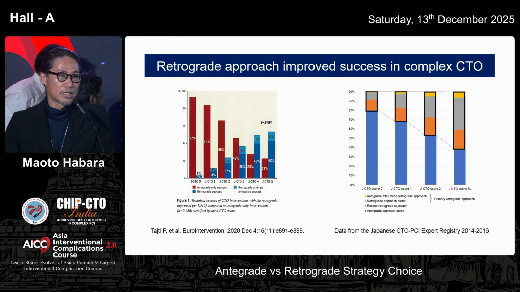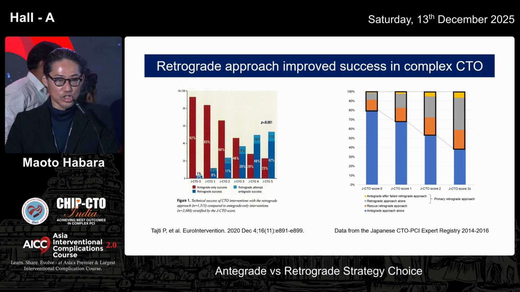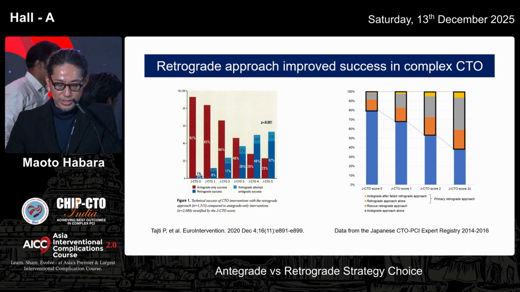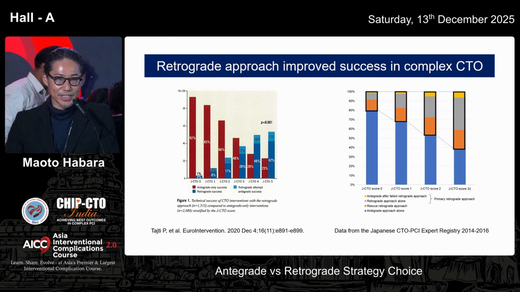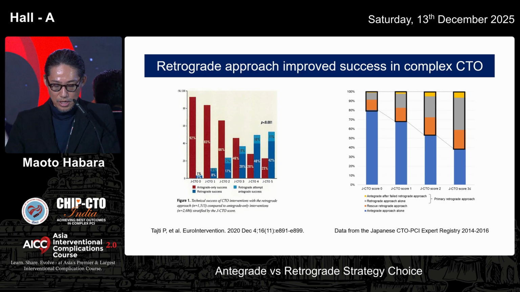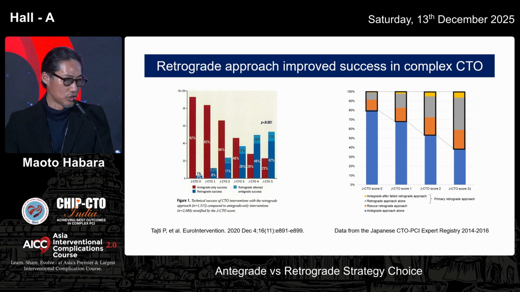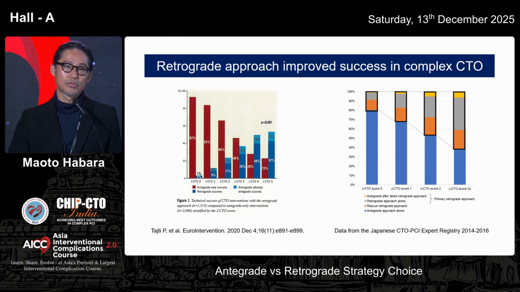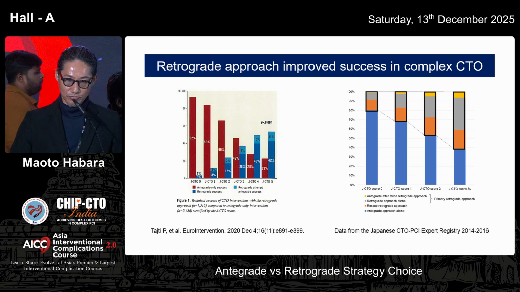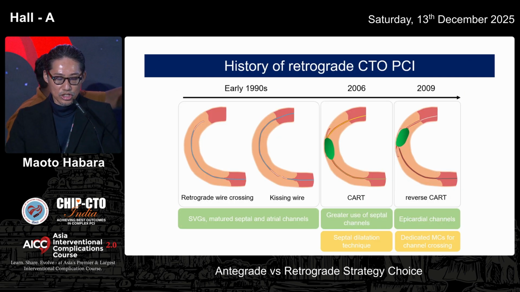When I perform a CTO procedure, JCTO score 0 and score 1 do not need a retrograde procedure. However, for the difficult ones, JCTO score 2 and score 3, more than 50% of cases need a retrograde procedure. That means difficult CTO needs a retrograde procedure. This is the history of retrograde CTO PCI.